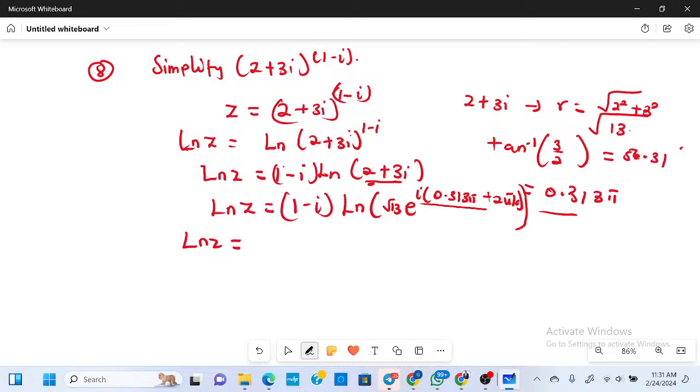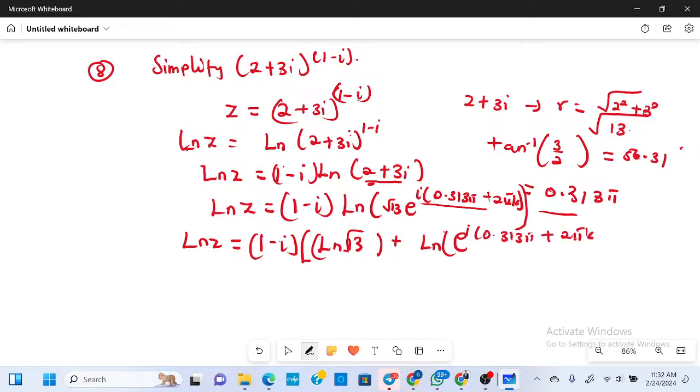The logarithm rule says that you have to split it. So the expression ln of root 13, plus natural log of e to the power i multiplying (0.313 pi plus 2 pi k). So at this point, I'll have (1 minus i) times ln root 13.